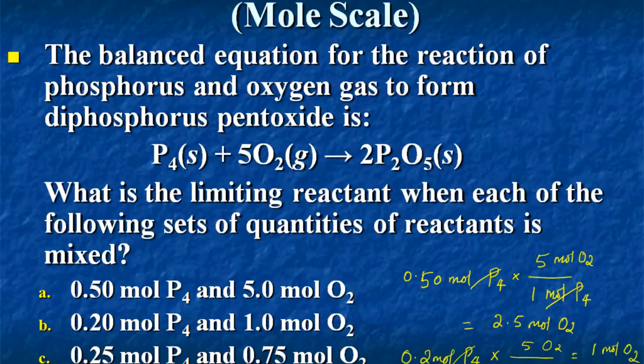How many moles of O2 you need? You need 1.25 moles of O2, right? Now compare with what you are given. You need 1.25. Do you have 1.25 given? You have only 0.75 given. So what does that mean? Oxygen is the limiting reactant. The other one is the excess reactant.